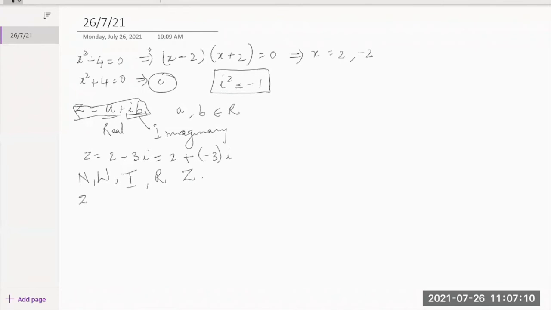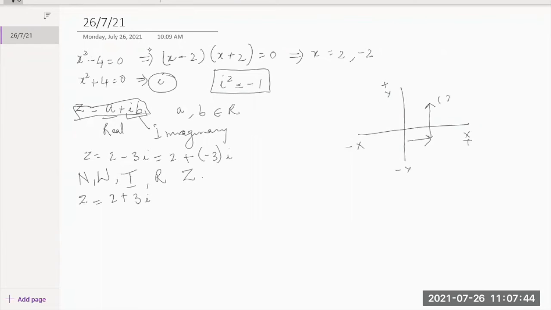Now, this also has a representation. Let's say I have the number 2 + 3i. For this, we take the help of the coordinate plane. You know this is X, this is Y, this is positive, this is also positive, this is negative Y, and this is negative X. Now if I write 2 + 3i, I start from the origin, move 2 units here and 3 units up here.